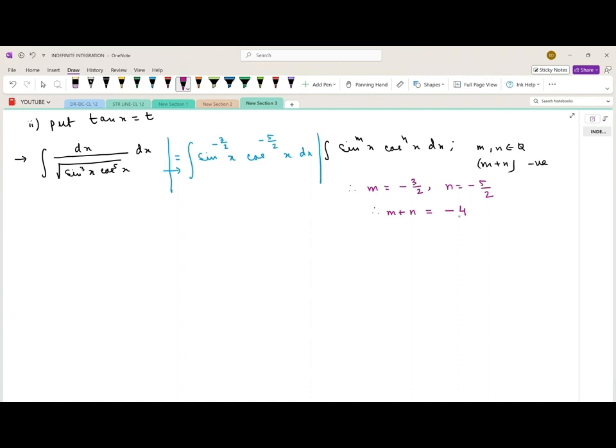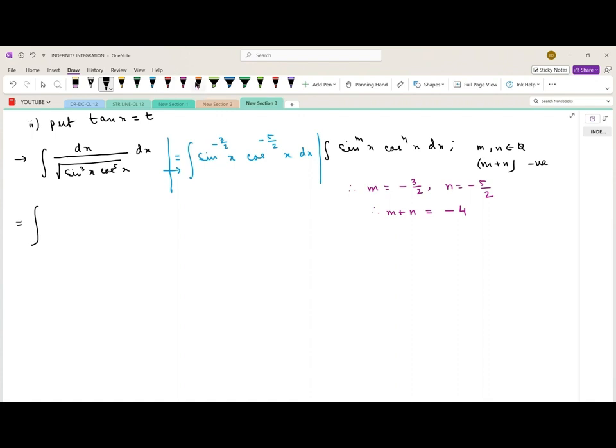So that means this sum satisfies the criteria that we need for this process. Now let us come back to the process. Once we check that this is happening, the next step is to divide. Remember, the first step is divide the numerator and denominator.